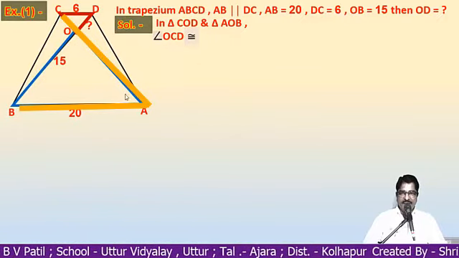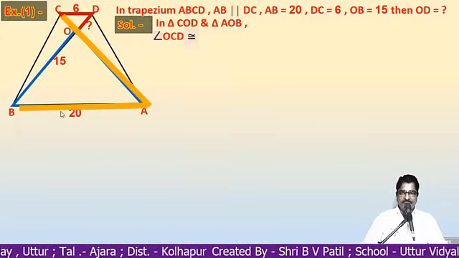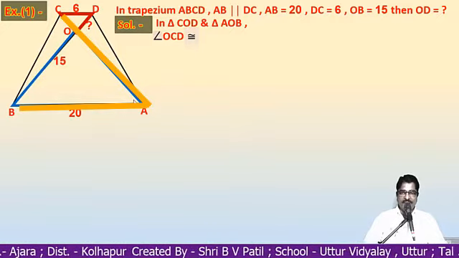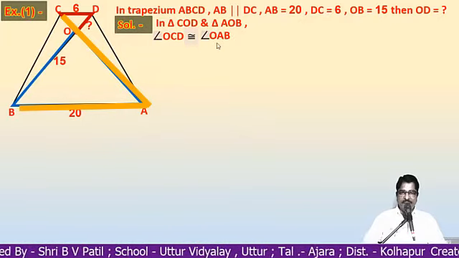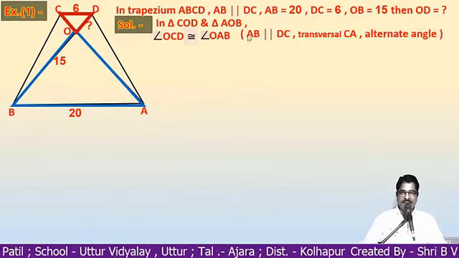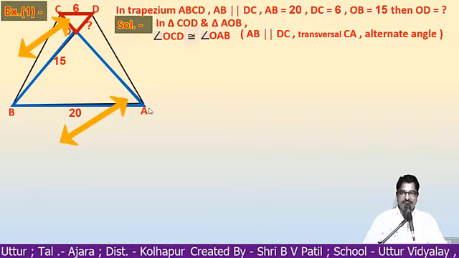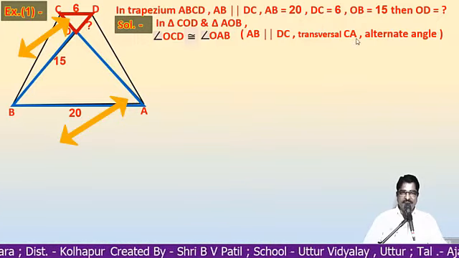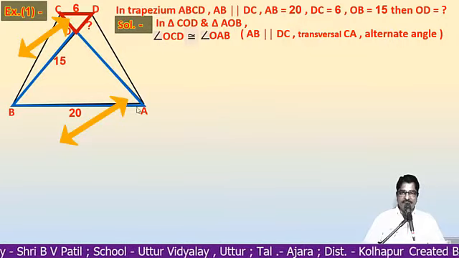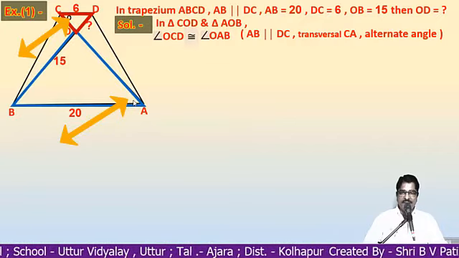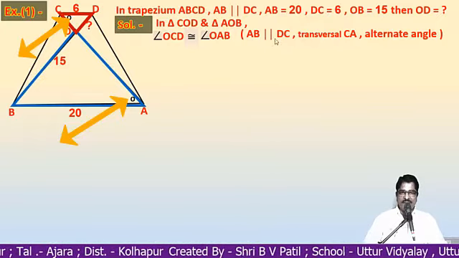This transversal CA and parallel side AB join at point A, means angle OAB. The reason is AB parallel to CD with transversal CA, and we get alternate angles. Alternate angles C and A are congruent because the two lines are parallel.